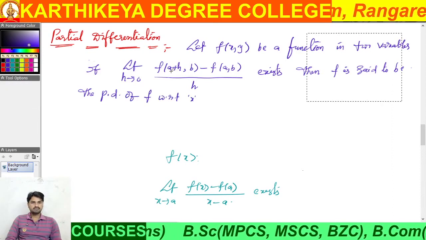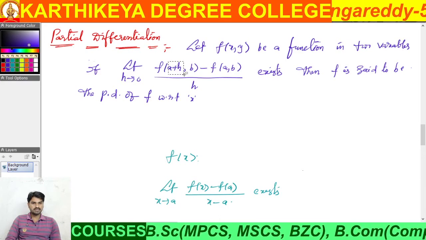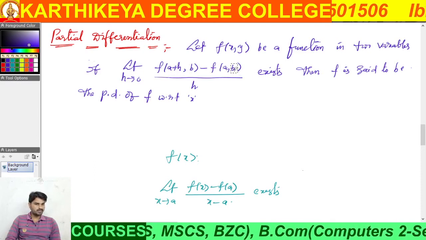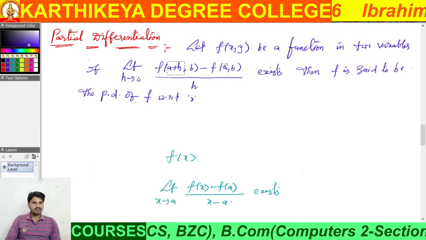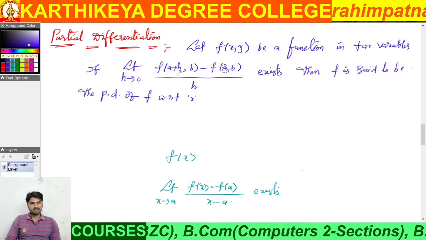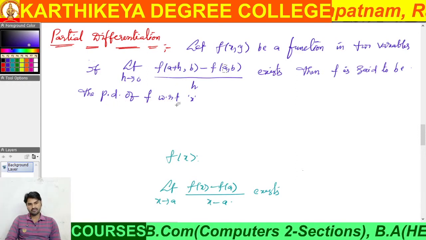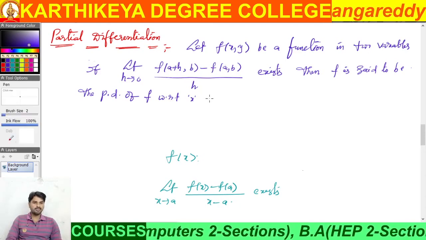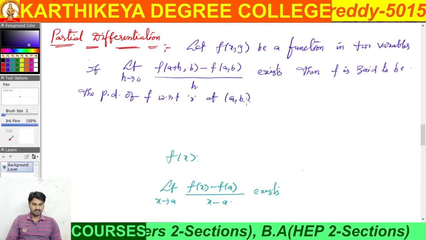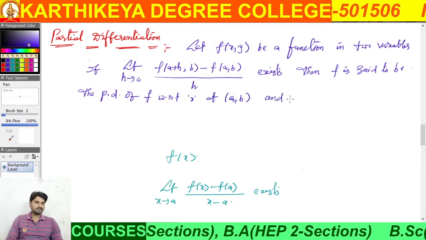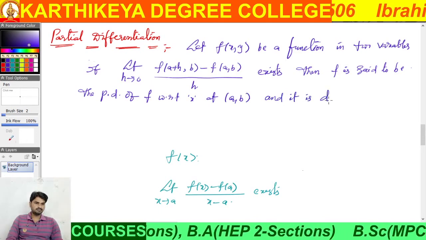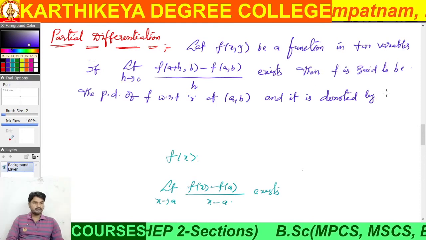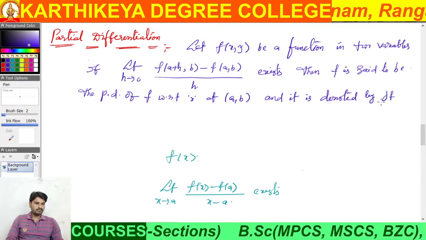Here observe that in this formula we have a plus h and a, and b is the constant, so the y coordinate will be constant. The x coordinate has changed to a plus h, so that's why we say the partial derivative of f with respect to x at the point (a, b). It is denoted by dou f by dou x.